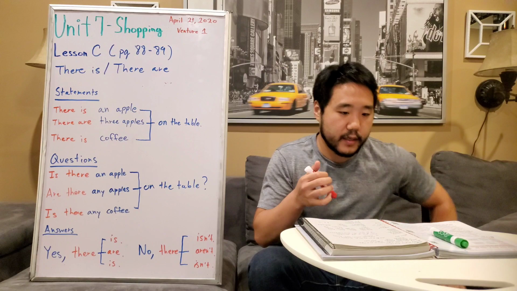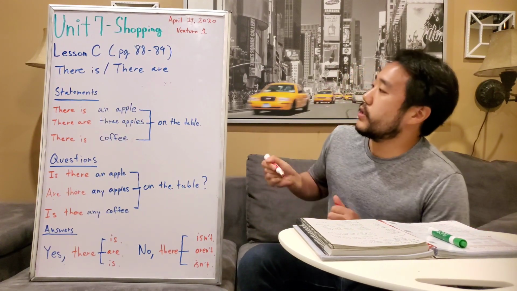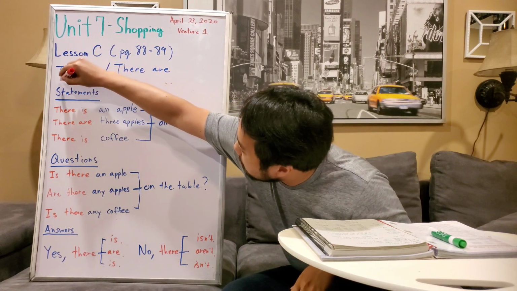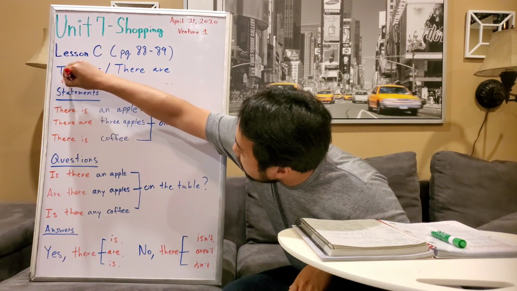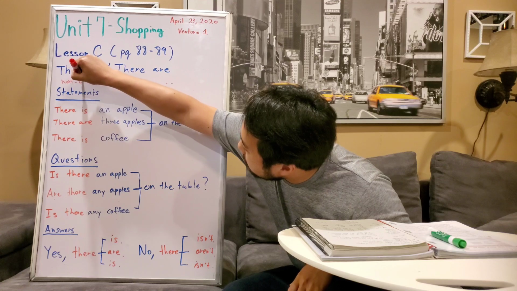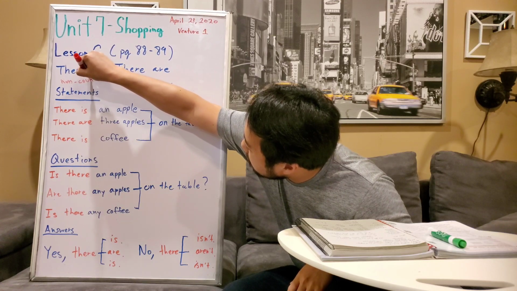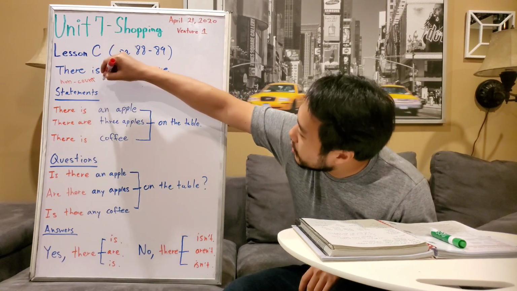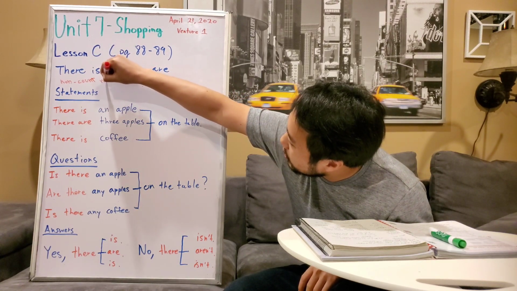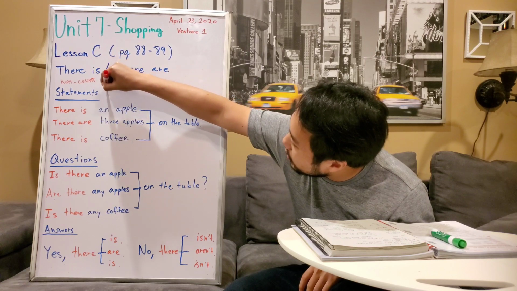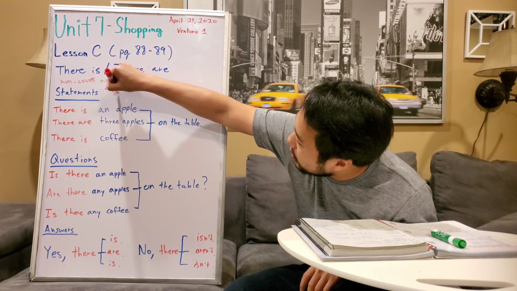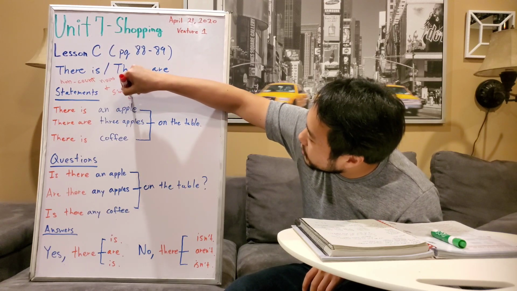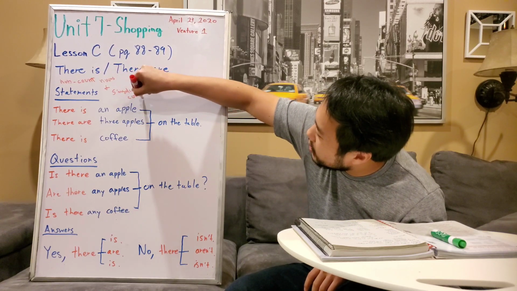I'm gonna write this down. For "there is," we use non-count nouns and singular count nouns.